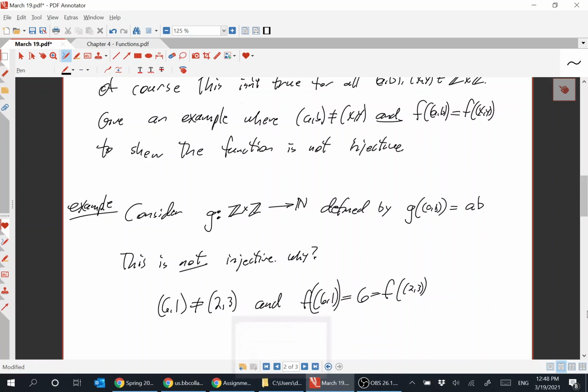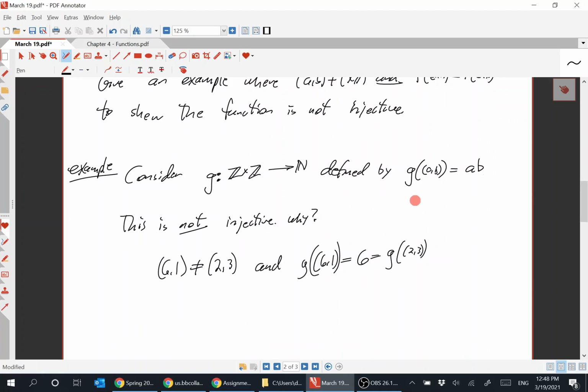Okay? So those two pairs are unequal, but when you apply the function g, they are equal. They're both equal to 6.